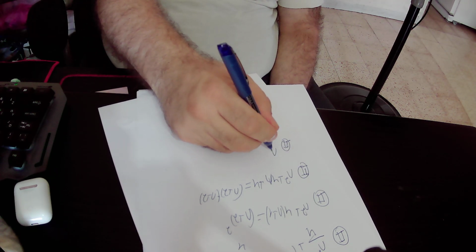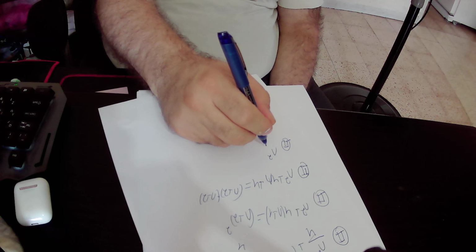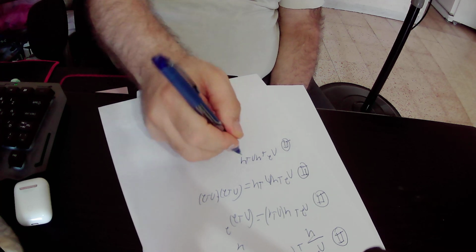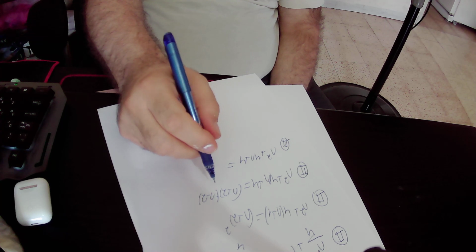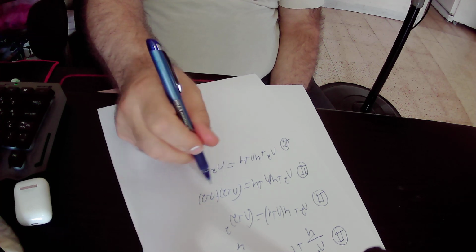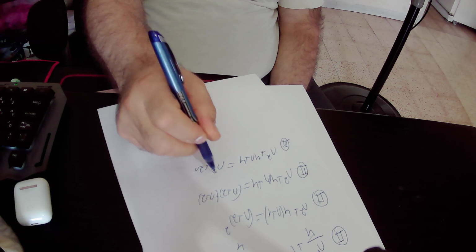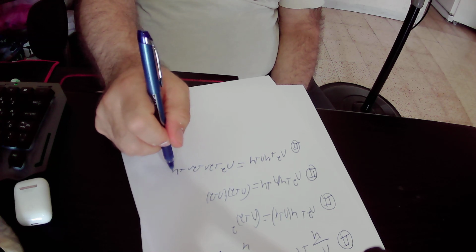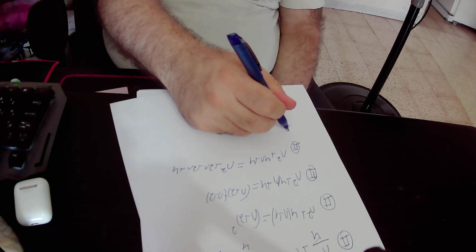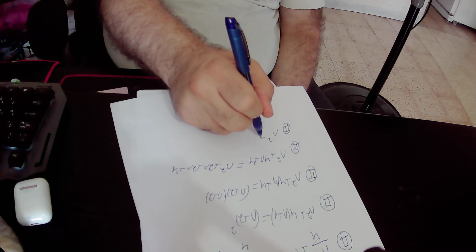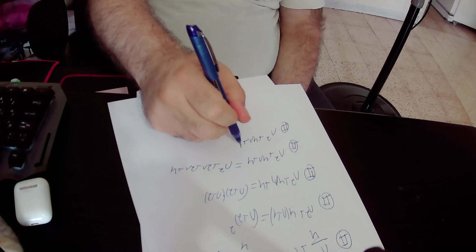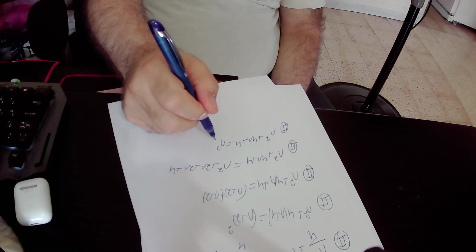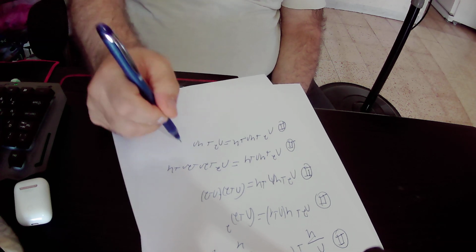Again, we will open the brackets in the right side of the equation. n times n is n squared. n times 2 is 2n. 2 times n is 2n. 2 times 2 is 4. n squared plus 4n plus 4 equals to n squared, 2n plus 2n is 4n, plus 4.